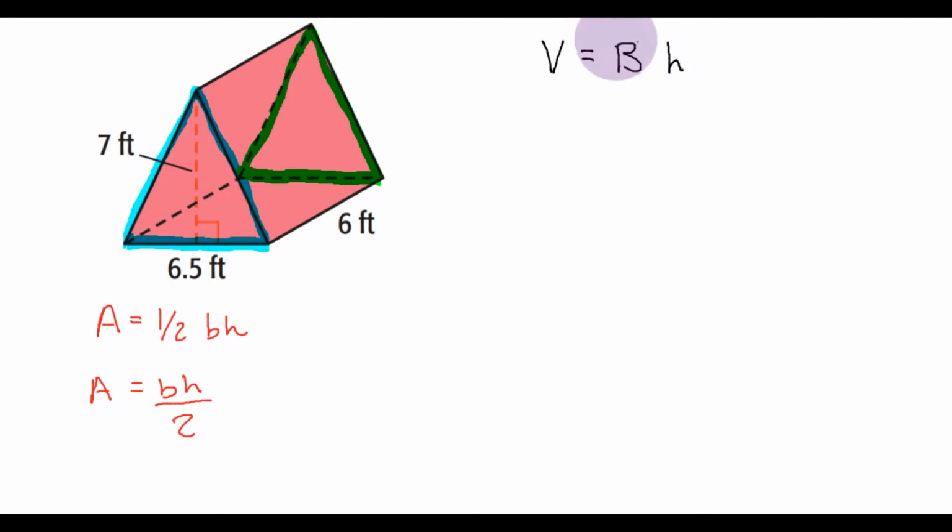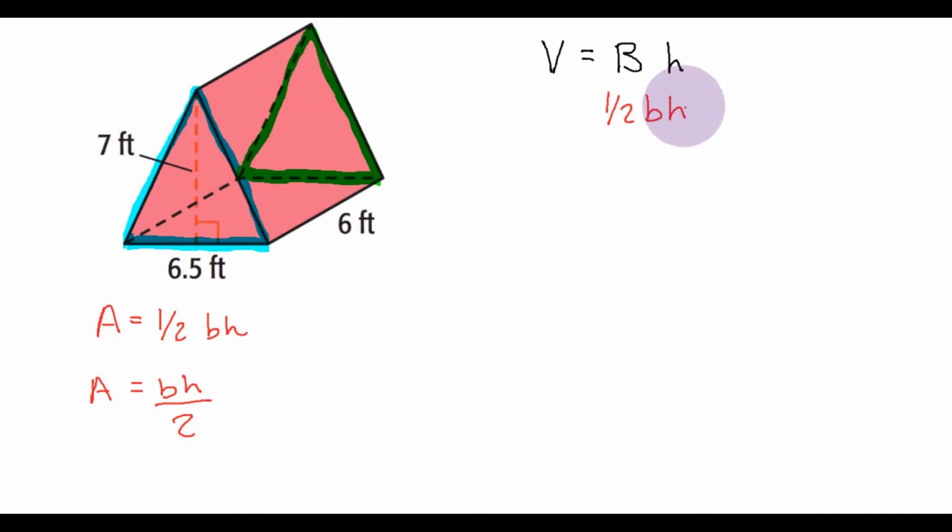I'm going to substitute it in for this capital B. Capital B represents the area of the base shape. The base shape is a triangle. So I'm going to mark down that we're going to multiply half times, I'm putting a little b in for the base of the triangle, times a little h. Now this little h is different from the little h above.